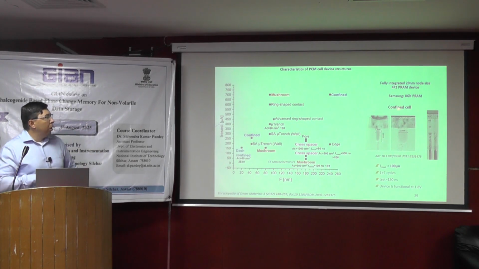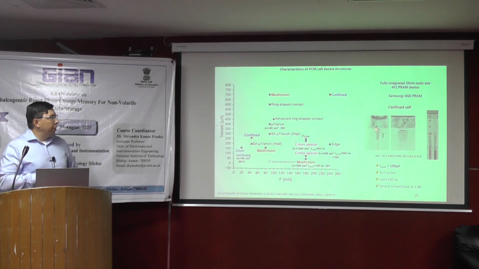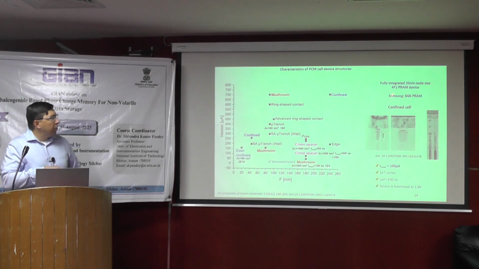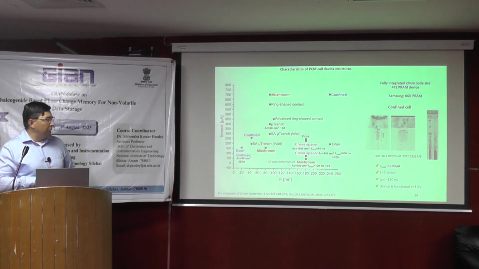Here, this is also one integrated confined cell. Here you see a volume minimized cell and a contact minimized cell. And here the researchers got a reset current smaller than 100 microamps.